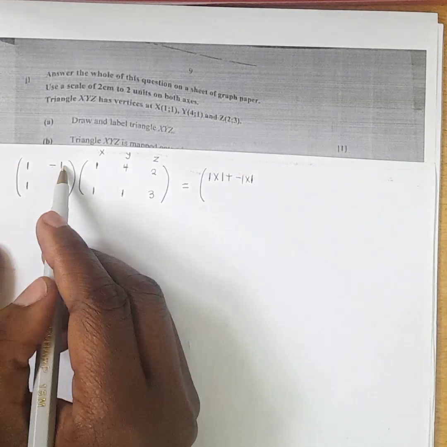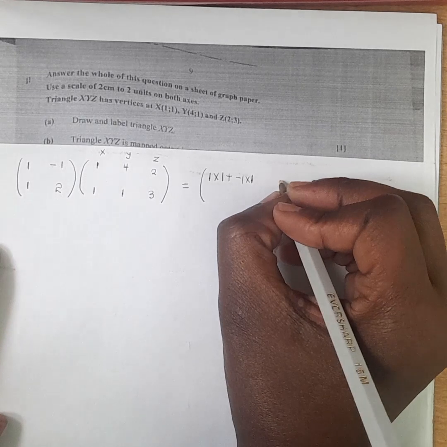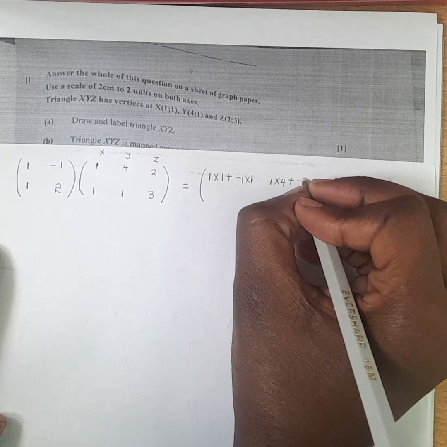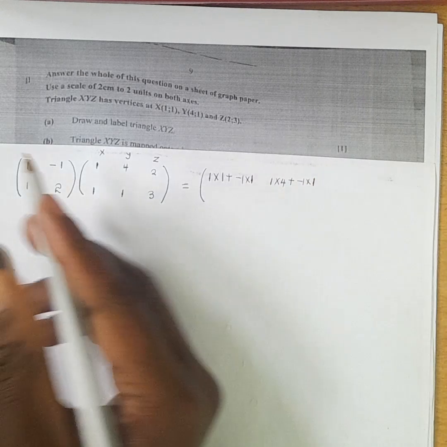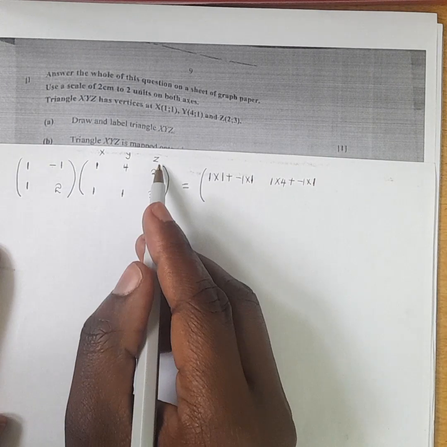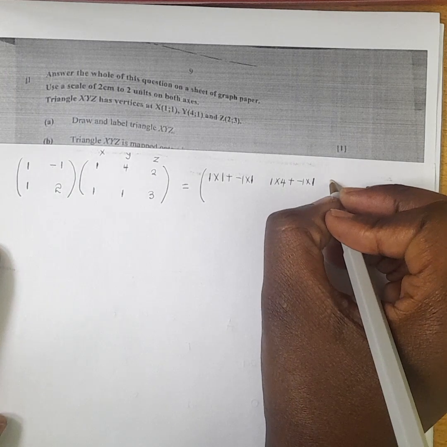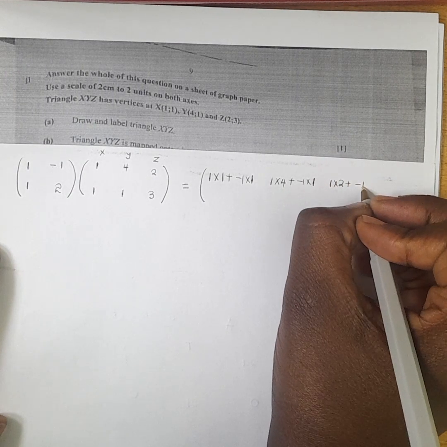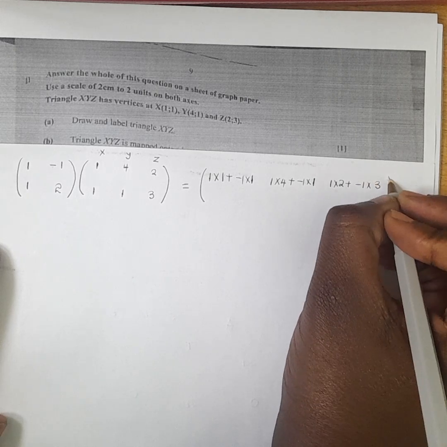And then we move to the next one. We say this row times this column. So it is 1 times 4 plus minus 1 times 1. We multiply this row by this column. So we say 1 times 2 plus minus 1 times 3.